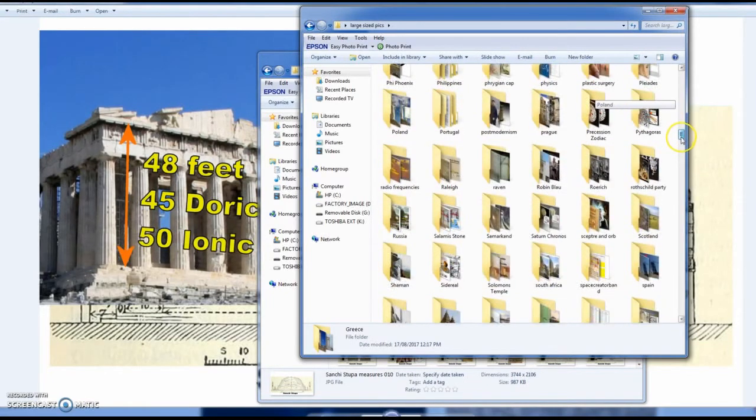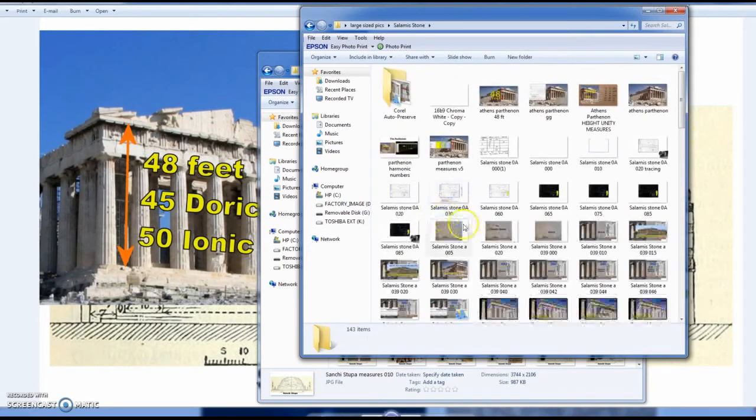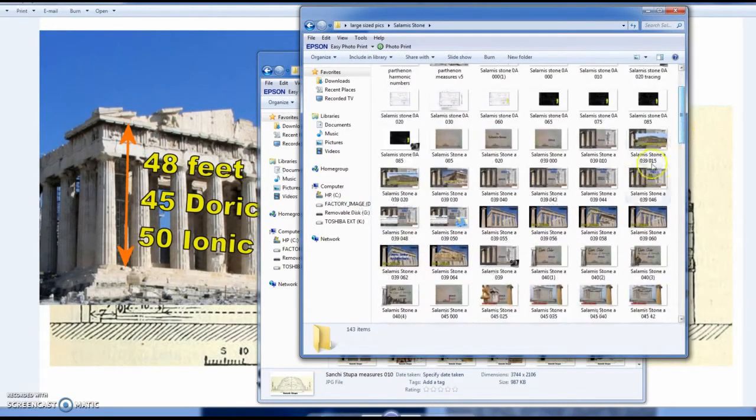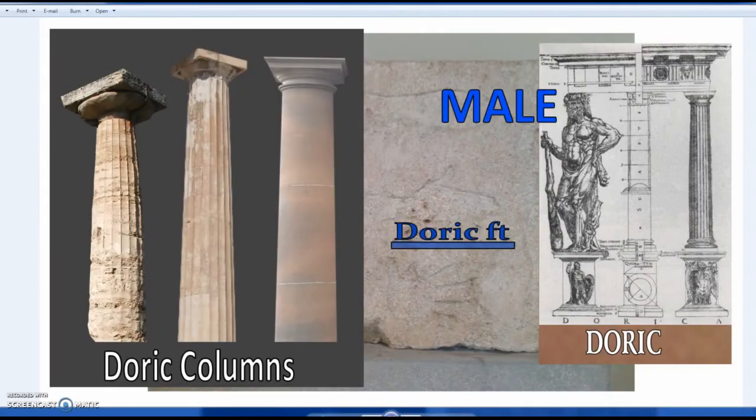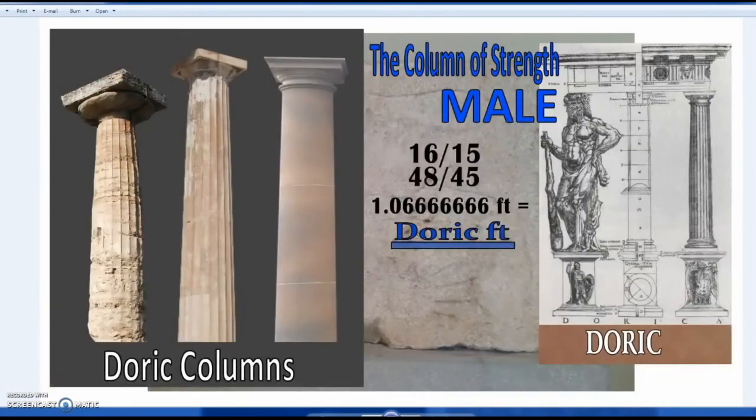And where are we? Salamis stone. And in regards to the Ionic order. So this was covered in the last episode, but I just think I forgot to mention it.